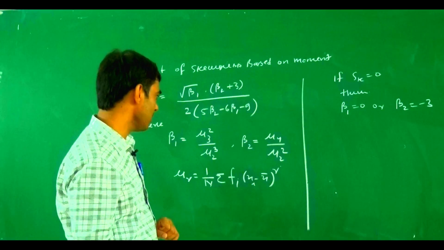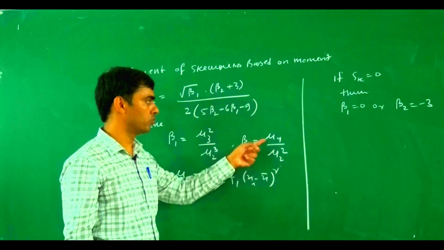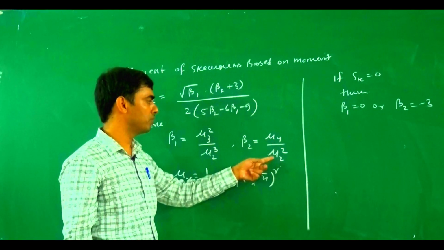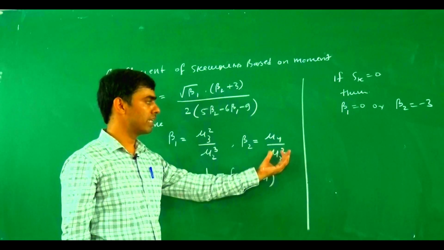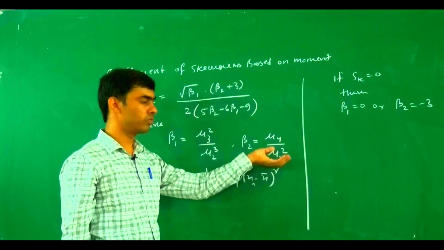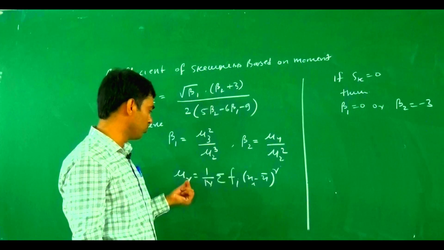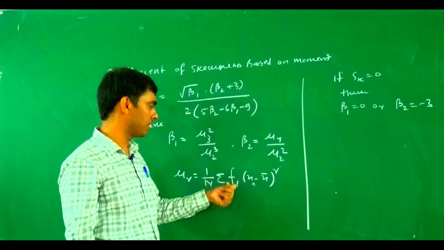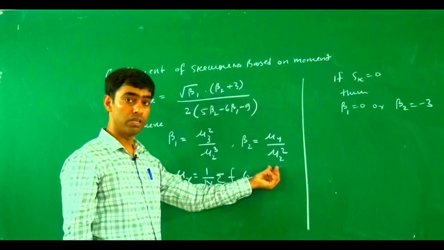So if we closely observe, beta 2 is what? Mu 4 upon mu 2 square. This cannot be negative because mu 2 square is a positive value, and mu 4 is 1 upon n summation of fi xi minus x bar to power 4.